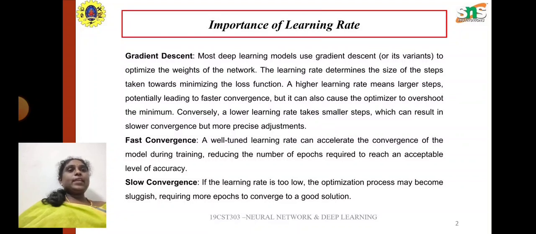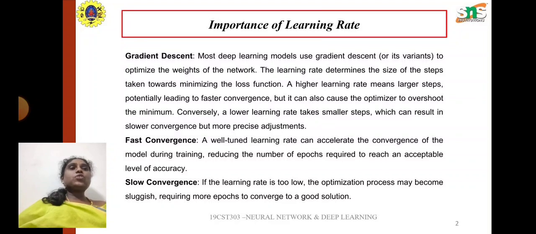On stability, a too high learning rate can cause the training process to oscillate or diverge, while a low learning rate can lead to slow convergence or getting stuck in a local minimum. On generalization, a well-tuned learning rate helps the model generalize better to unseen data, improving performance on validation and test sets.